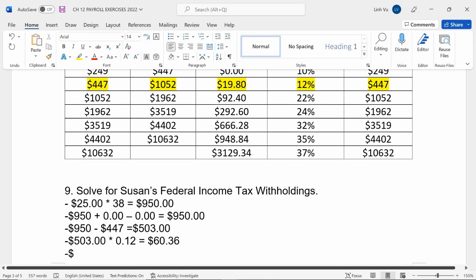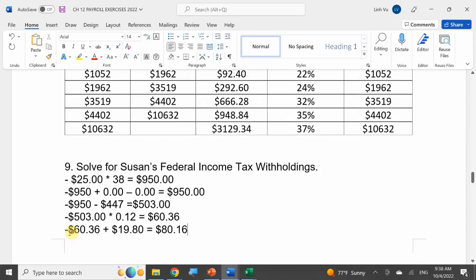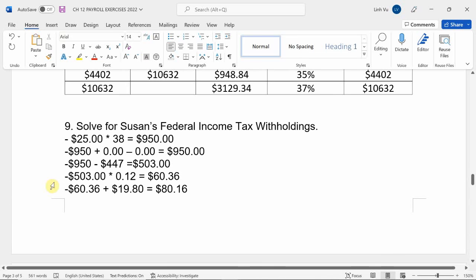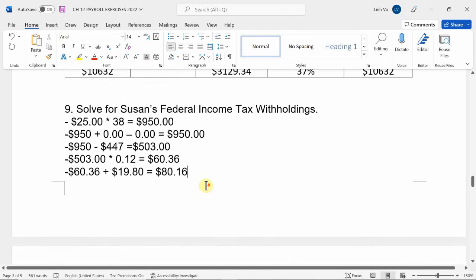Next it'd be 60.36 plus the 19.80 withholding, and that gives you $80.16. She doesn't claim any children or anything, so no extra deduction there. So in this case, no extra withholdings or deductions, and she's subjected to $80.16.